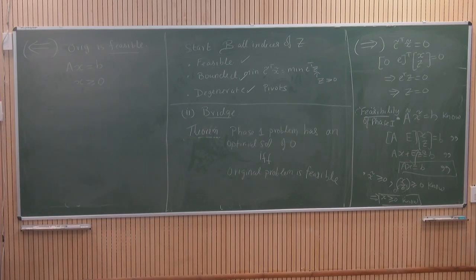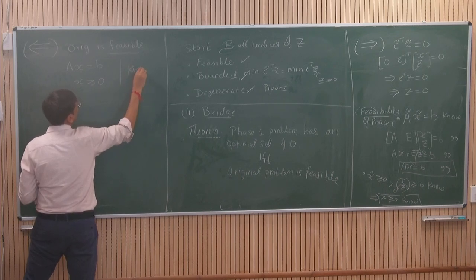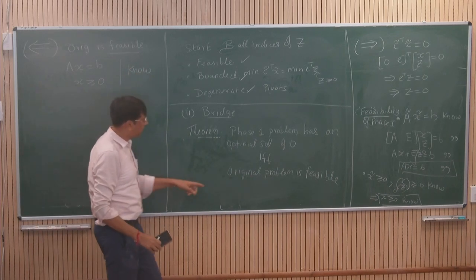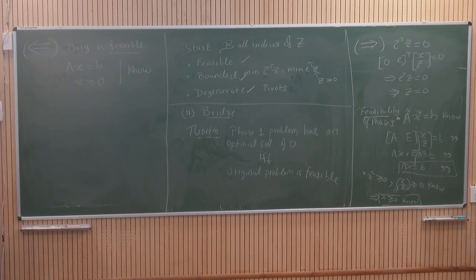These are the things which we know. And what do we have to end up with? That the solution of the phase 1 problem is 0, the optimal objective function value.